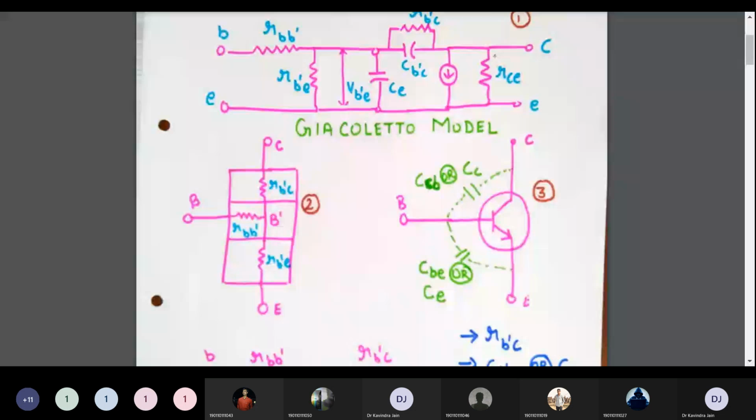R B dash B, or R B B dash, is the physical resistance between the virtual B dash and the actual B. I hope it is seen in the circuit also. In figure number 2, over here, the physical resistance between B and B dash is known as R B dash B. Physical resistance between virtual base and actual base.